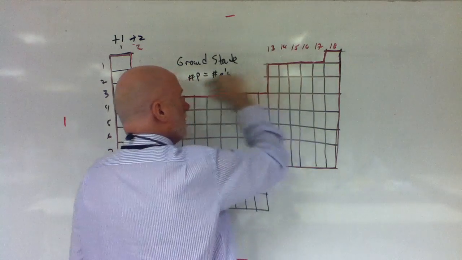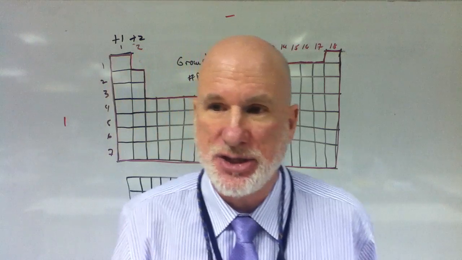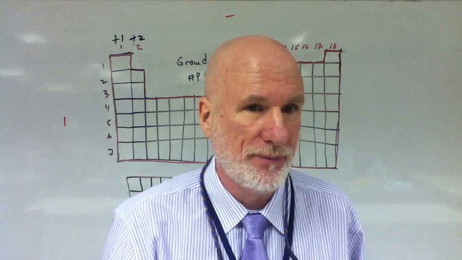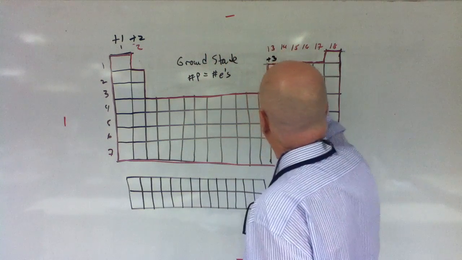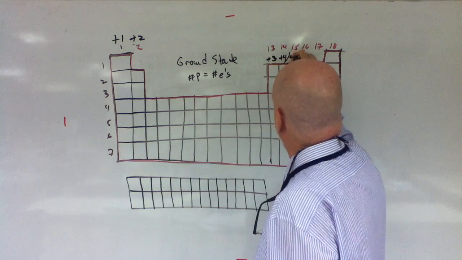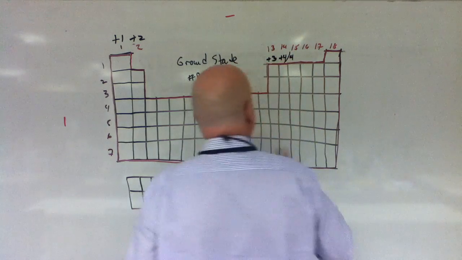Is it going to give up 3, or is it going to take on 5? What makes more sense in terms of probability? Give up 3, so what will its charge be? Plus 3. What will this one be? Plus or negative 4. You get that? Yeah. It'll be plus or negative 4.